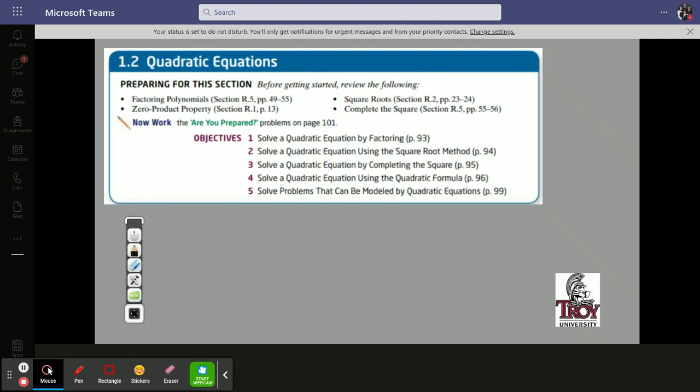All right, quadratic equation. Remember what that looks like? Ax squared plus bx plus c equals 0. Factoring?